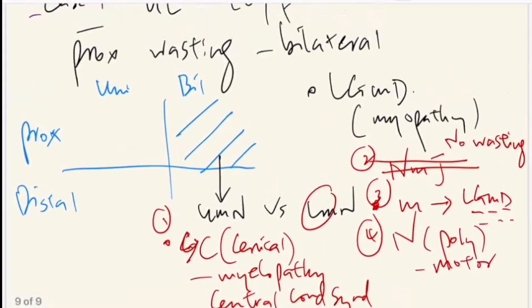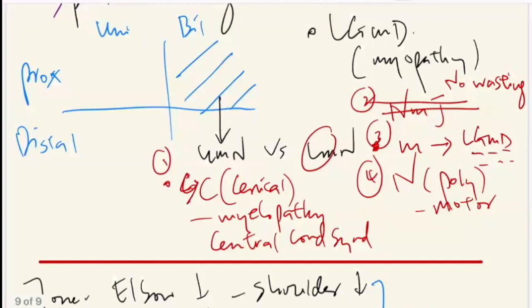When someone has bilateral proximal wasting, then we know there is proximal weakness. In our analysis, it can be upper motor neuron or lower motor neuron. Upper motor neuron, the anatomical diagnosis will be spinal cord. Lower motor neuron can be neuromuscular junction, muscle, or nerve.